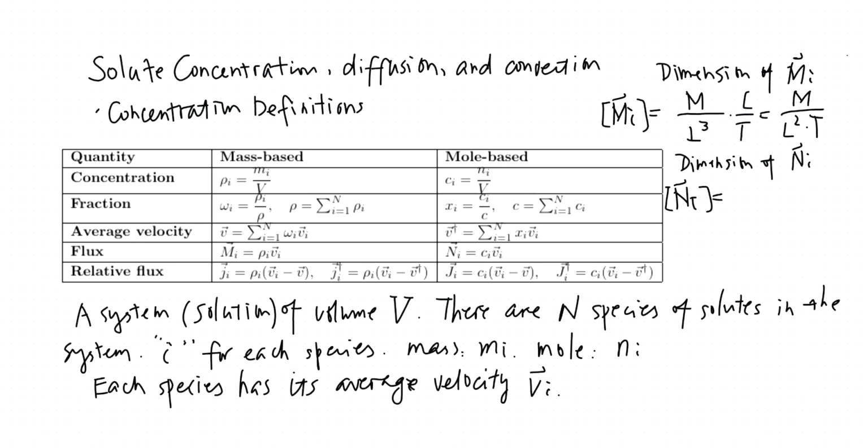Its concentration is mole, let's just use mole, per volume, multiplied by velocity, which is length per time. Then we get the amount of substance divided by area and time.